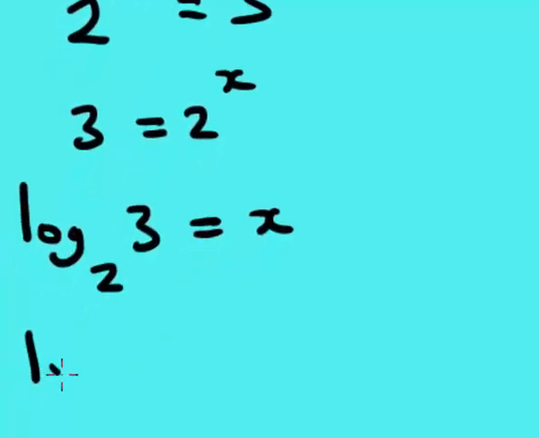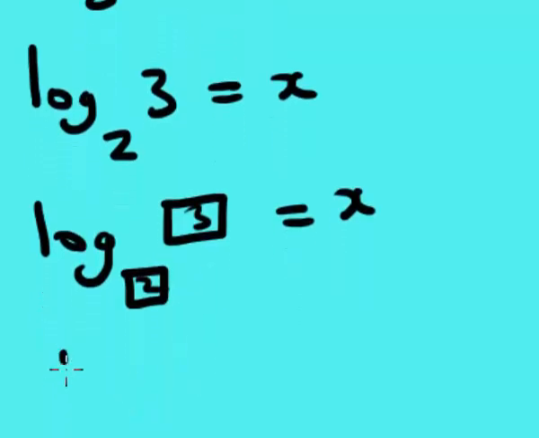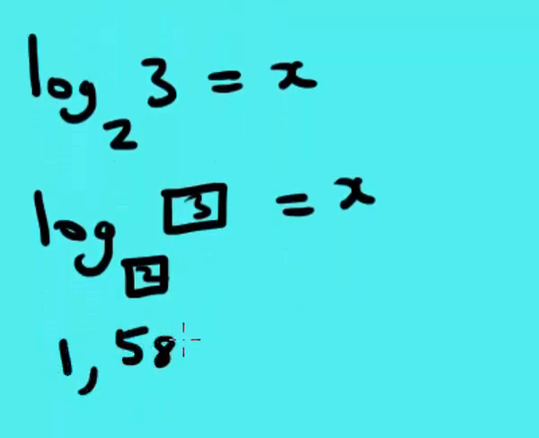Now if you use your calculator, it's got that facility there, which you can plug the 3 and the 2 into, and your calculator will work it out for you, and you can then get the decimal 1,585 rounded off to 3 decimal places.